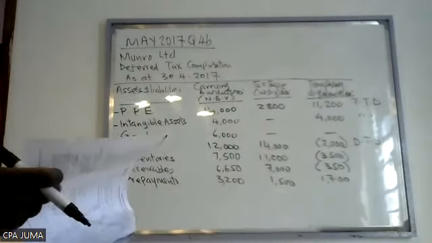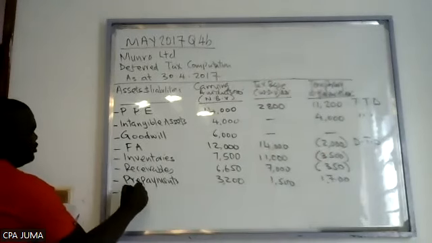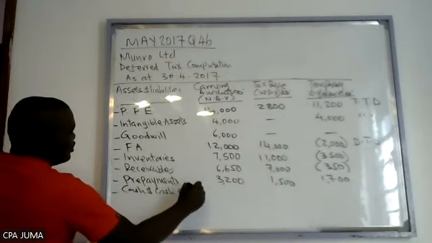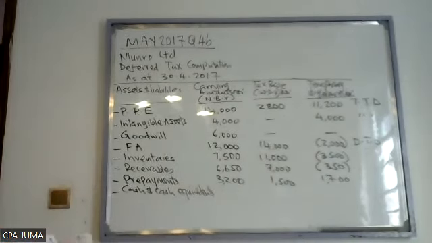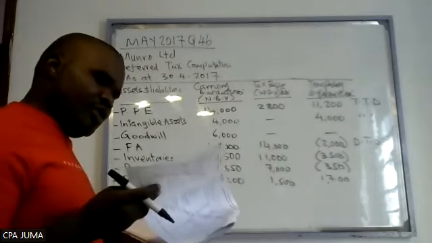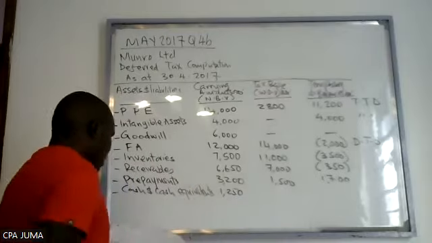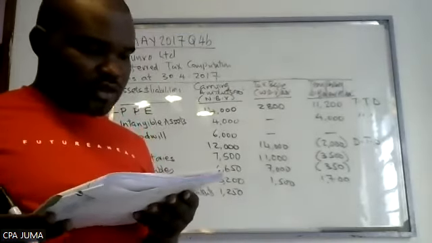Very good. We proceed. Cash and cash equivalents, book value 1250. Cash and cash equivalents was not mentioned anywhere in the notes.